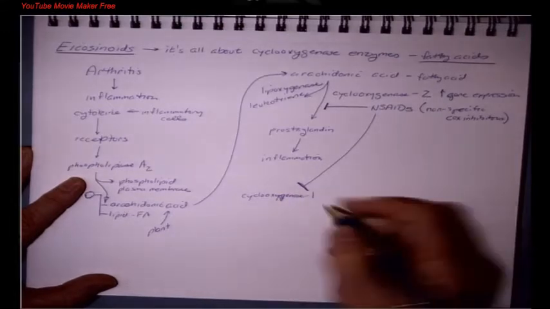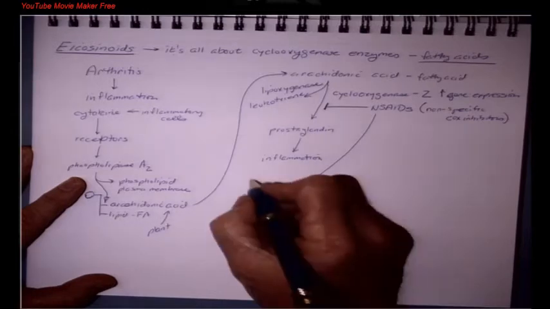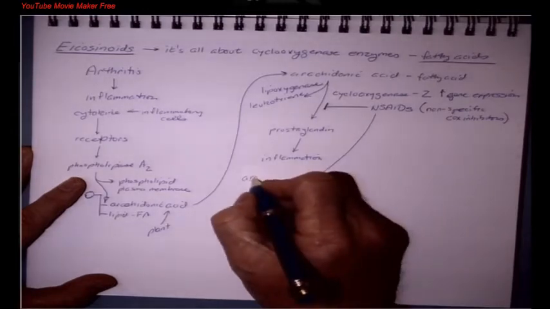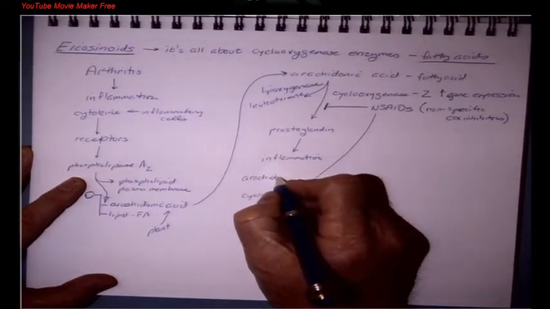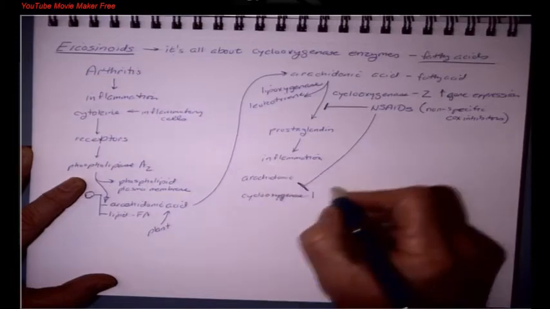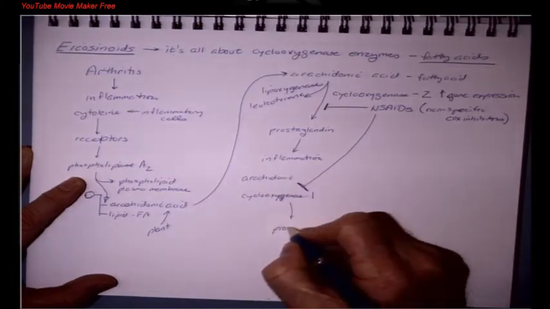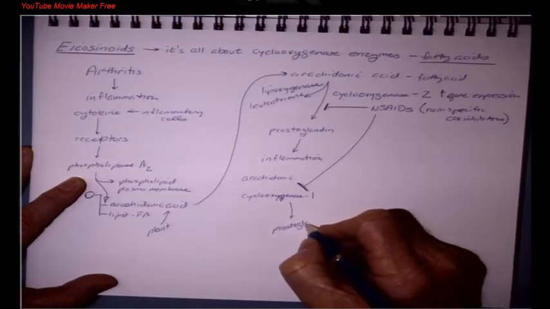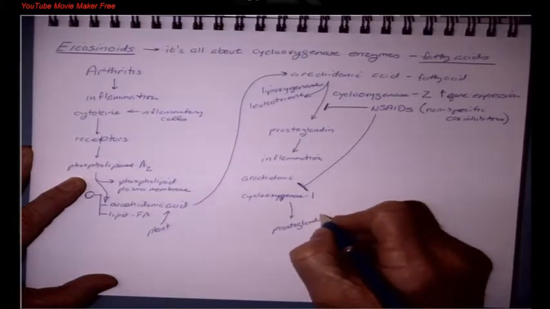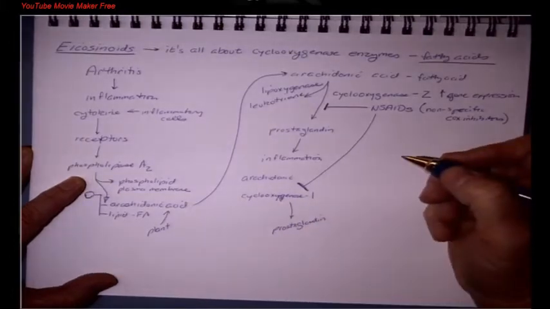And the job of cyclooxygenase 1 is to take arachidonic acid and convert that into a prostaglandin in the gastric lining.